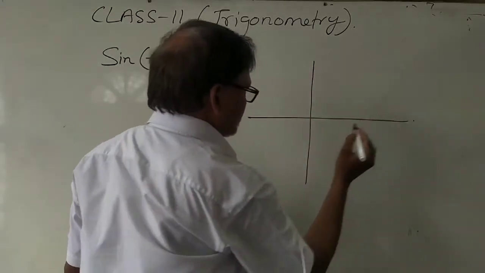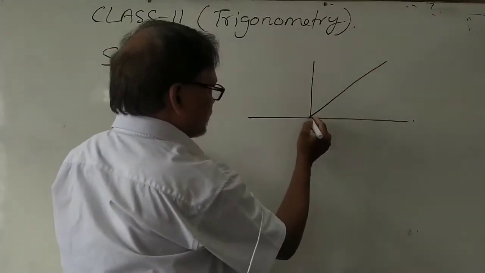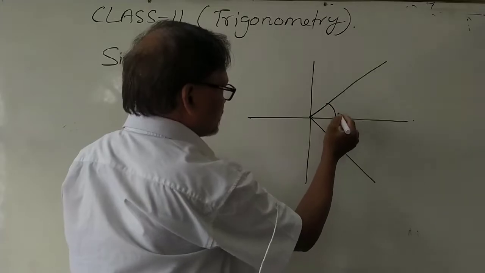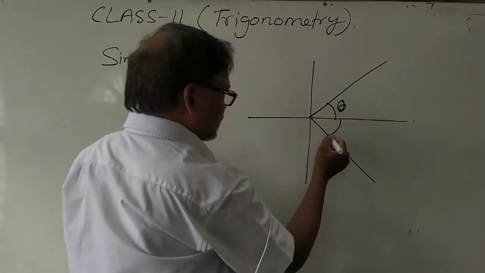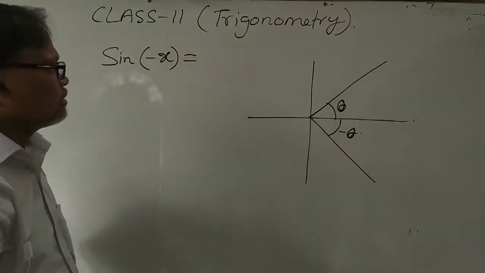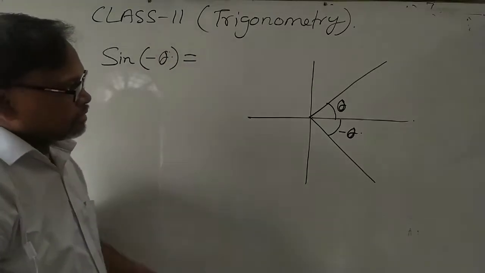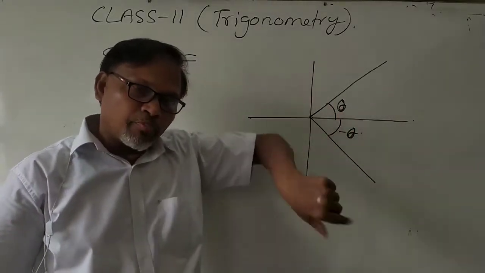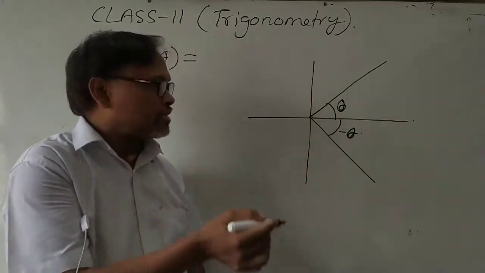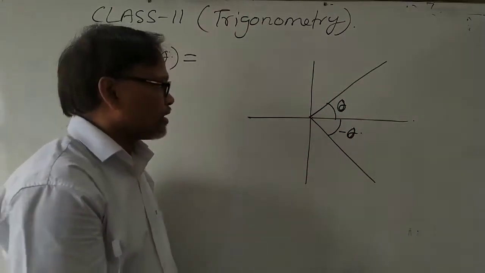If you have this type of graph and these are the two lines, what is this? This is theta, and what is this? Minus theta. Theta is in the anticlockwise direction, positive angle, and minus theta is in the opposite direction, negative angle.